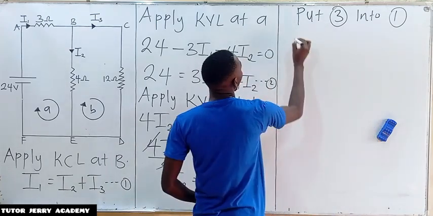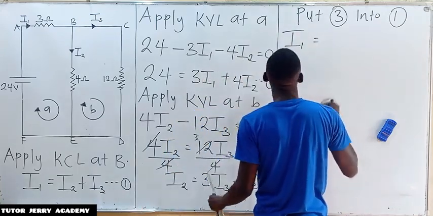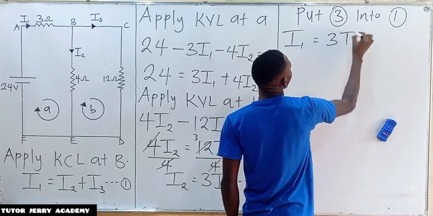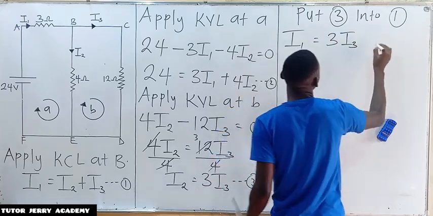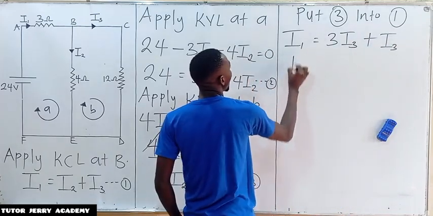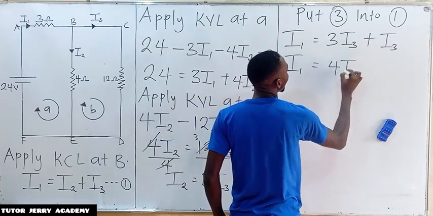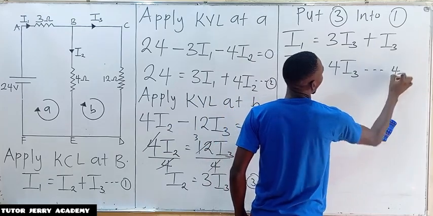So I1 will be equal to I2, which is 3I3, plus I3. So I1 will be equal to 4I3. So this will be equation number 4.